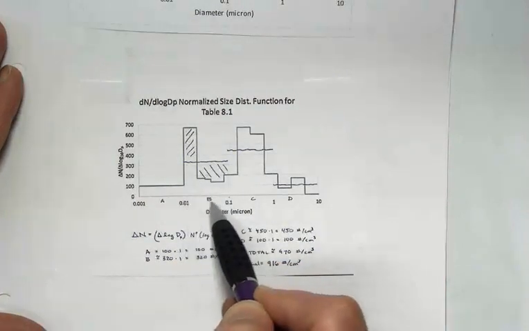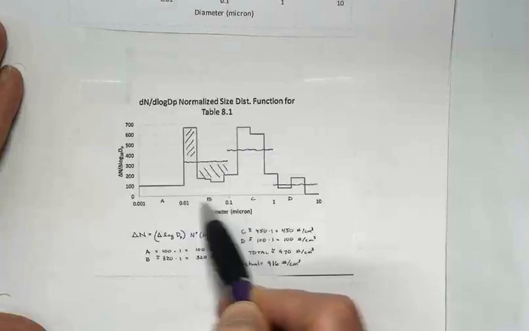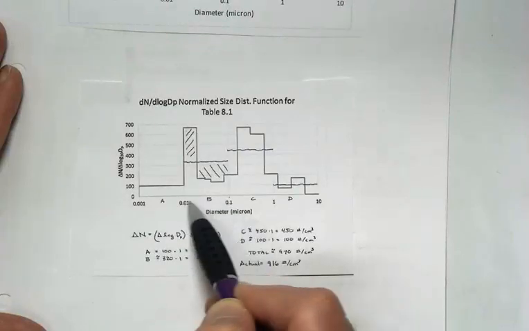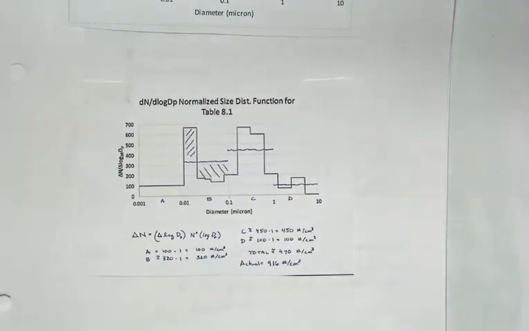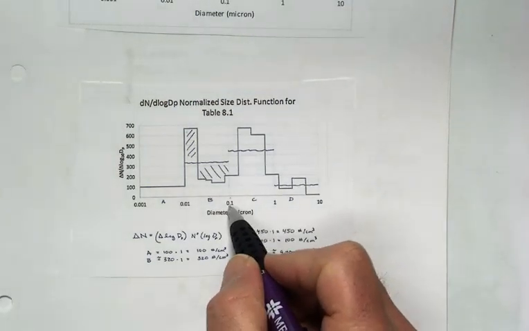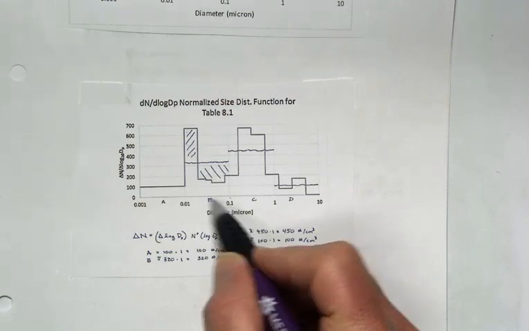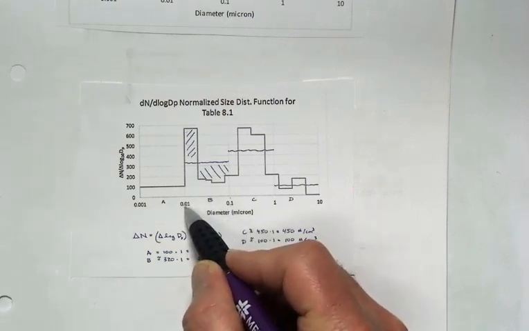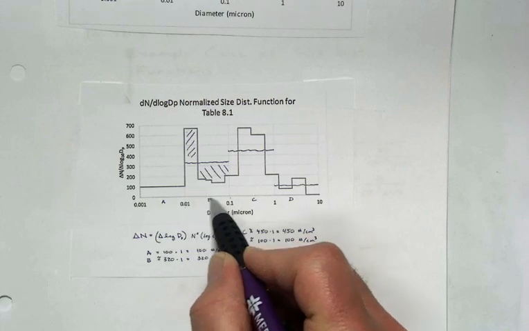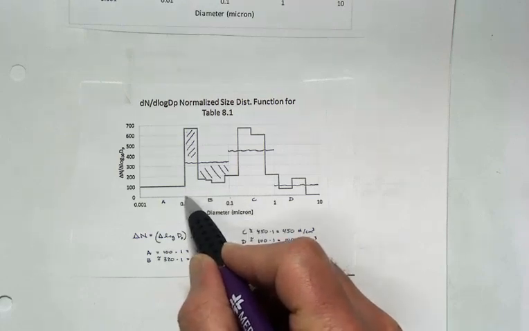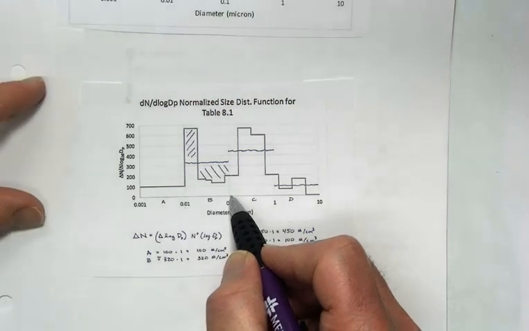And then we just need to know the difference here on a log 10 basis. So the logarithm of 0.1 is -1. Logarithm of that is -2. So the distance between here is 1. It's 1 decade of distance.